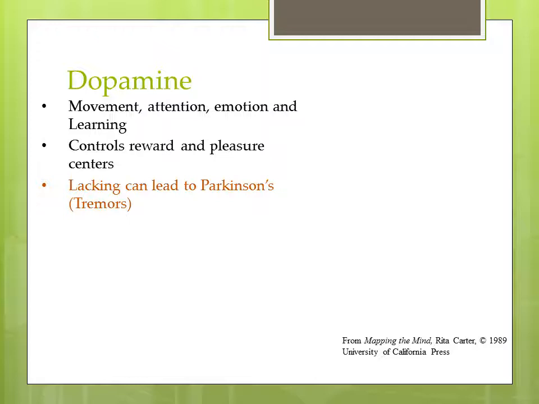It can lead to a negative downfall. And if you have an excess amount of it, it can lead you to start hallucinating, seeing things that aren't necessarily there, which is schizophrenia. A similar drug that copies this neurotransmitter is the addictive drug cocaine.